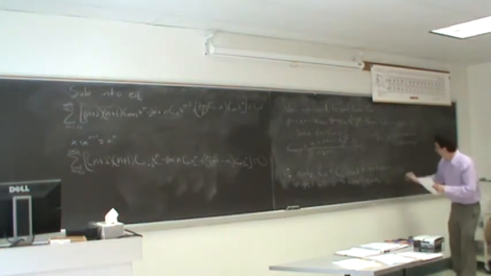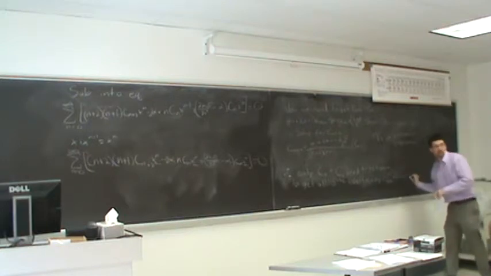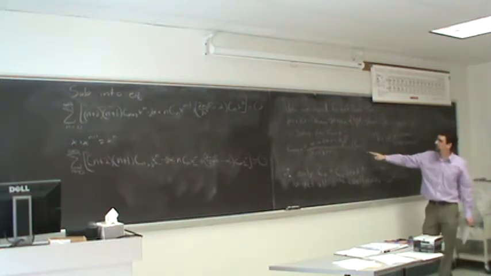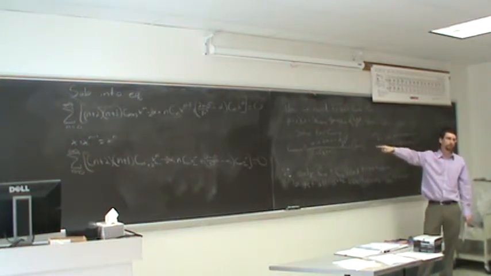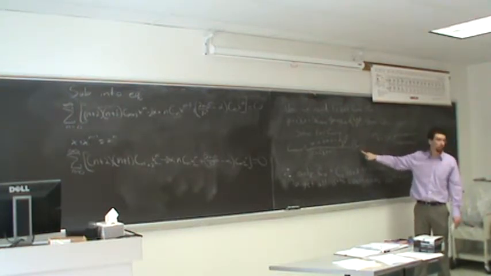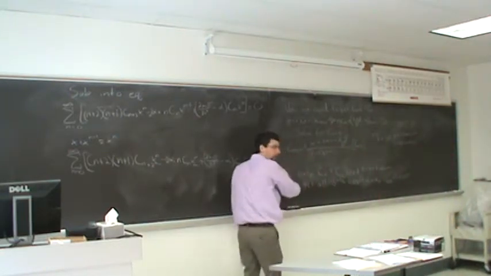We need to know C sub 0 for the even numbers, because if we have 0 here, what's C2 going to be? Yep. If we have C1 here, what's this going to be? C3.